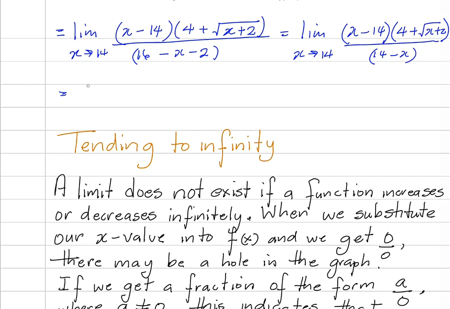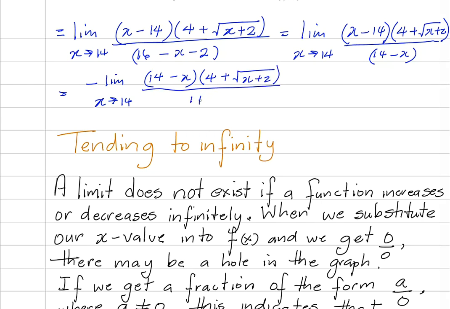This is equal to minus the limit as x approaches 14 of 14 minus x times 4 plus the root of x plus 2 over 14 minus x. So these two cancel out each other.